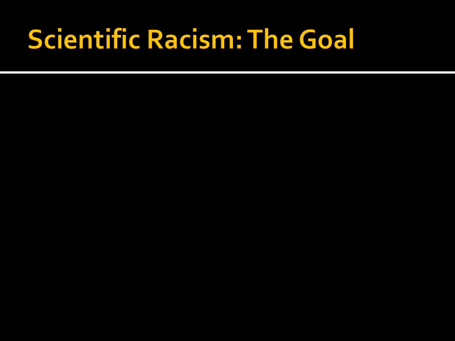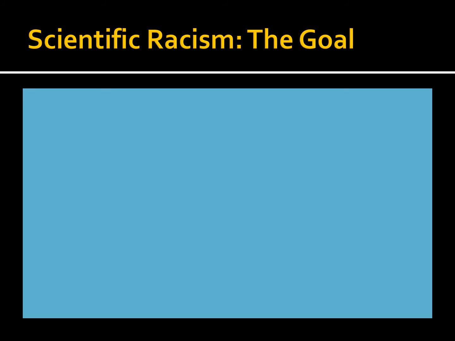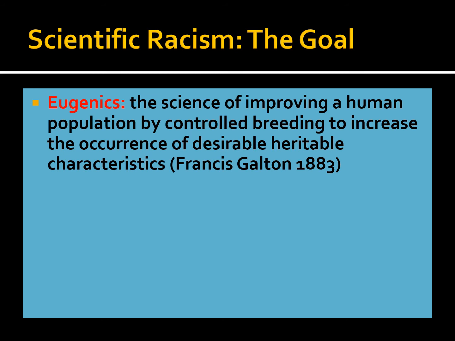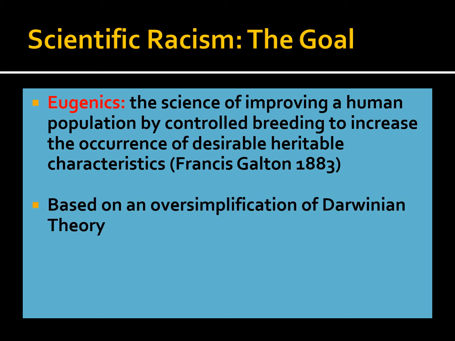So the culmination of this scientific racism movement really got going in the early 20th century, beginning in the late 19th century, with eugenics, right? And this is the science of improving a human population by controlled breeding to increase the occurrence of desirable and heritable traits amongst human populations, right?